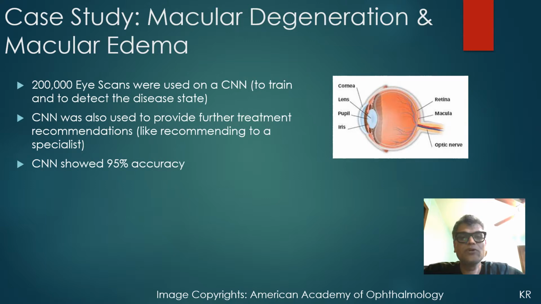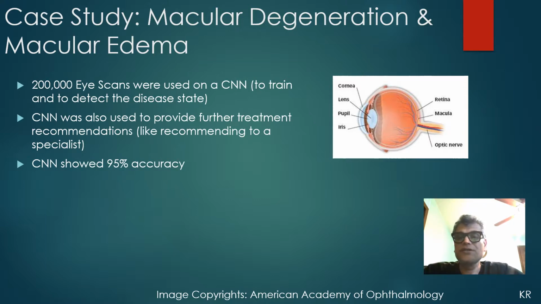And in a particular case study, about 200,000 eye scans were used to train and detect macular degeneration and macular edema. This was compared to the diagnosis from physicians, and CNN showed 95% accuracy.